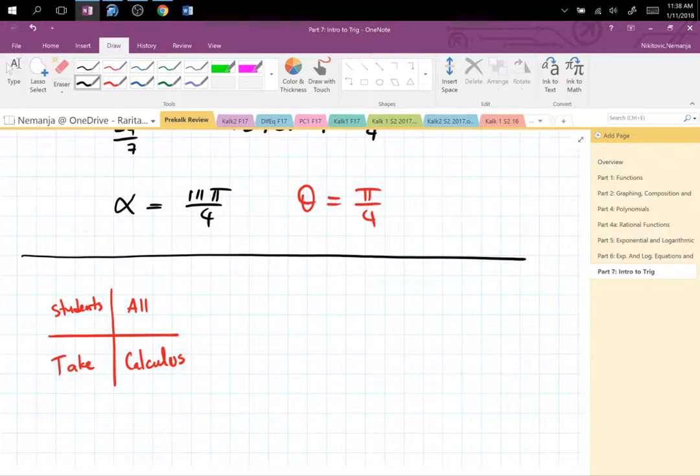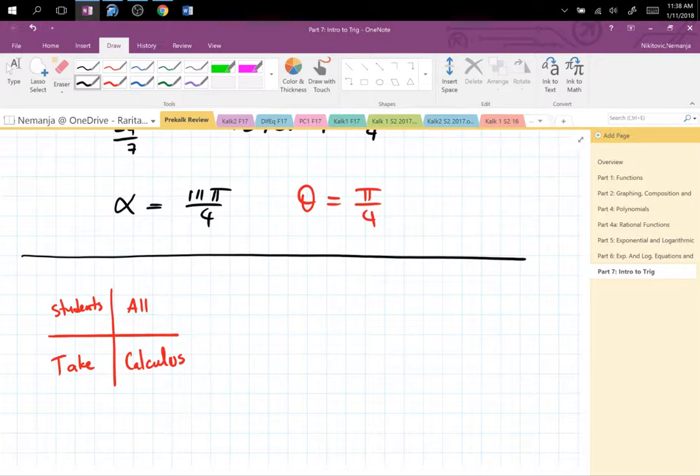Cosine of 60, 1/2, sine of 60, root 3 over 2. Cosine is 0 at 90, and sine is 1 at 90. All of the values we learned.